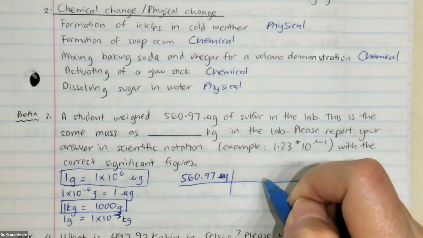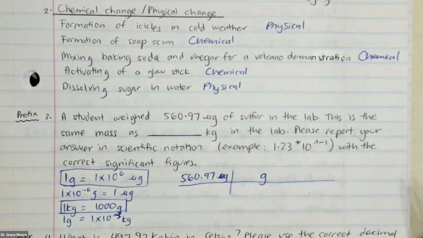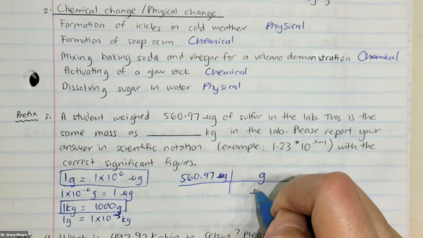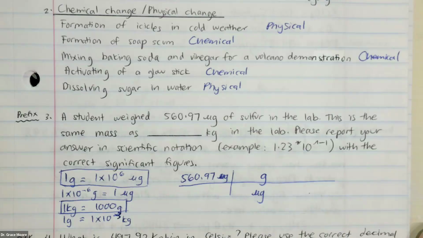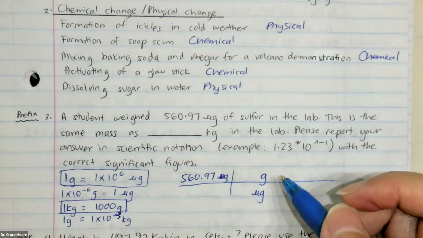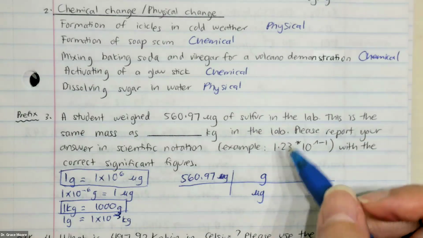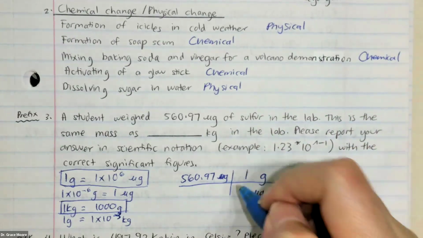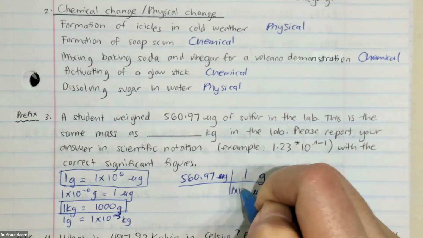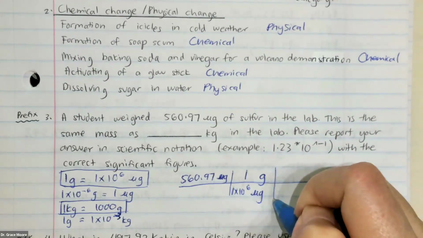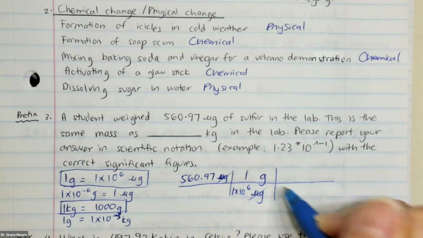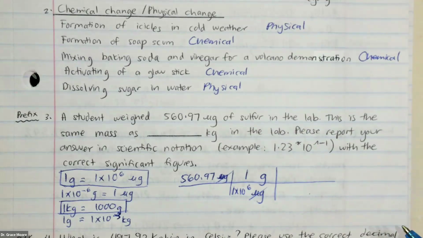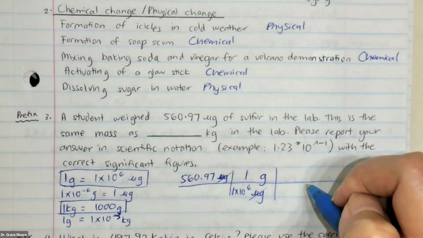If I want to change it to grams, I'm going to put the grams that I want on the top and the micrograms that I want to cancel off on the bottom. So that's how we're going to decide who you multiply or divide with. And in this case, you'll multiply with 1 gram and divide by 1 times 10 to the power 6 micrograms. That way we convert off the microgram. Our answer is in gram now. And then the next step, we want to convert to kilograms.